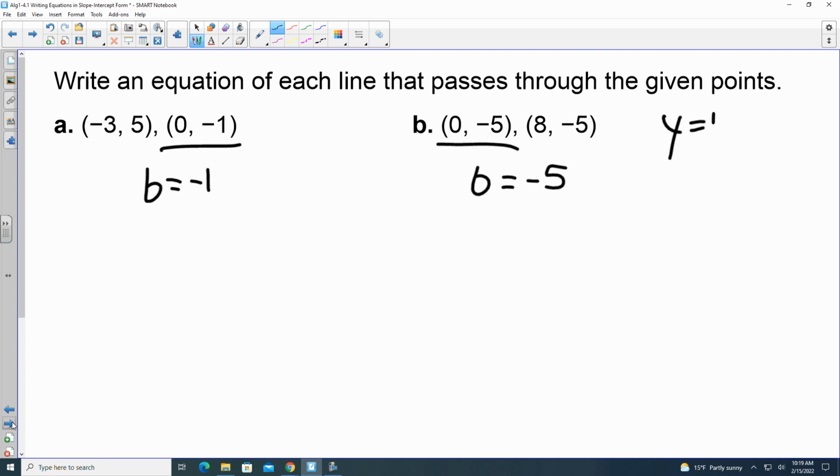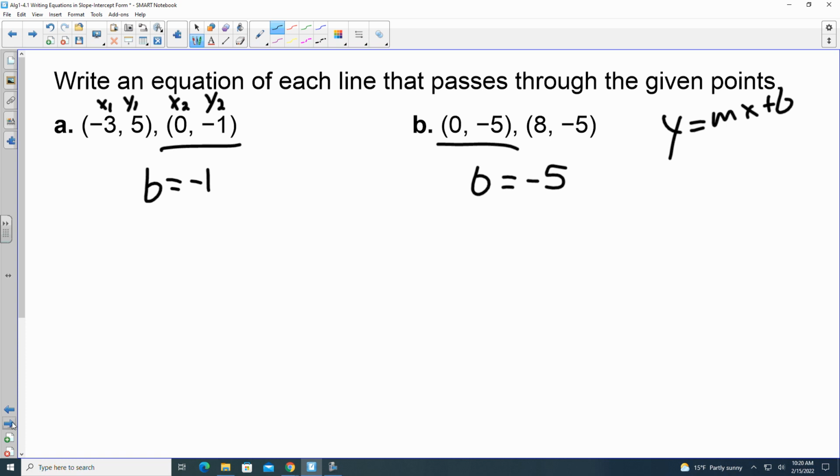Remember, we're using this formula. So when they don't give you a graph, it's probably in your best interest to use the slope formula to indicate what the slope is for each line. So I'm going to call this one my x1 and y1. This is my x2.